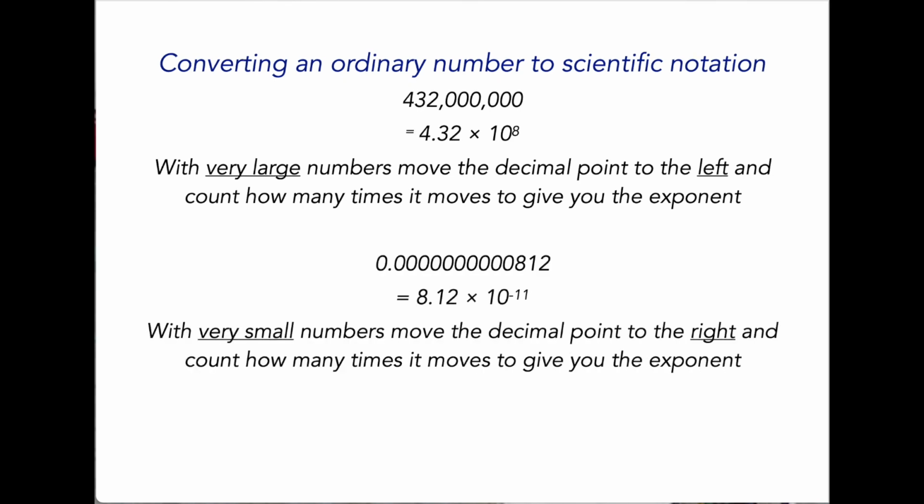And if the number is very small, then move the decimal point to the right and count how many times it moves to give you the negative exponent. As in this case, the decimal point has moved past 10 zeros and past the 8 to give us the answer 8.12 times 10 to the power of negative 11.